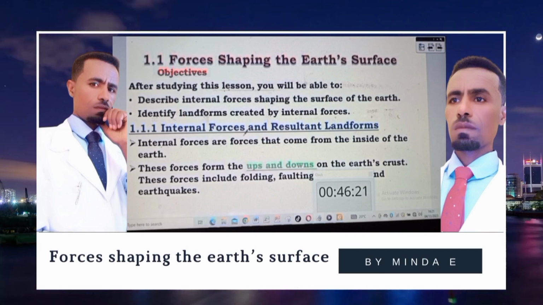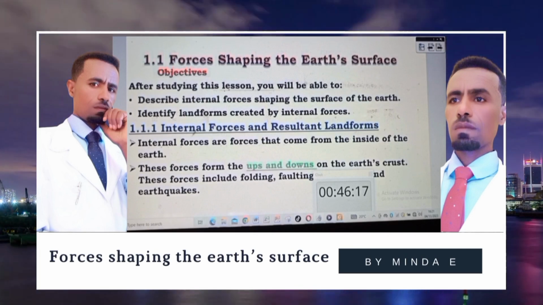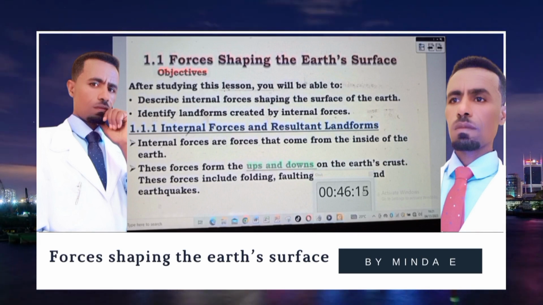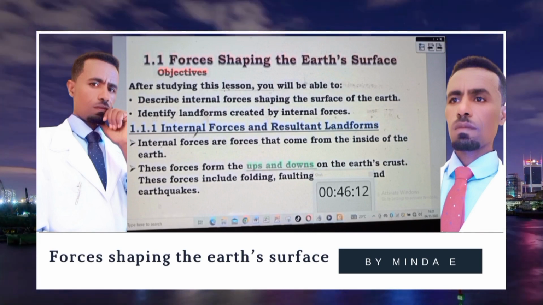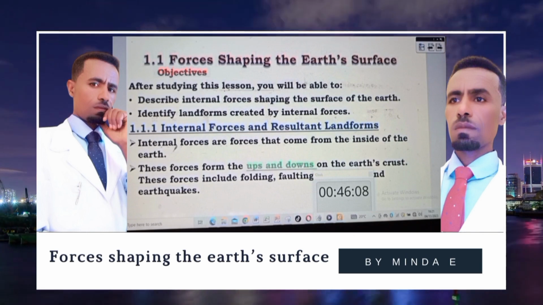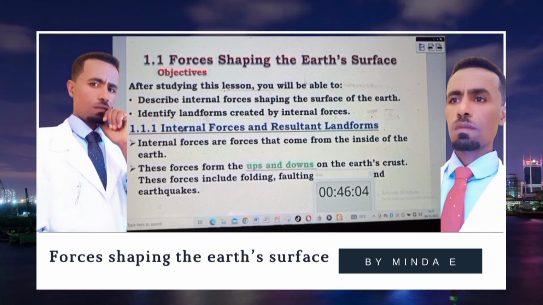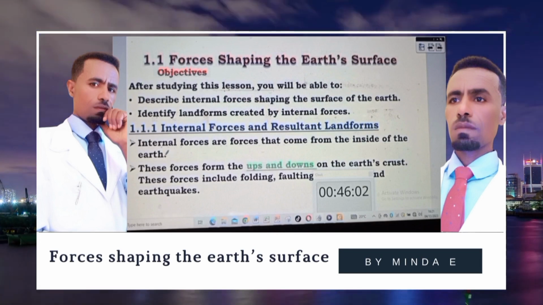Internal forces and resultant landforms. So we are going to see these internal forces and the outcome of these internal forces. First of all, let us define what is meant by internal force.